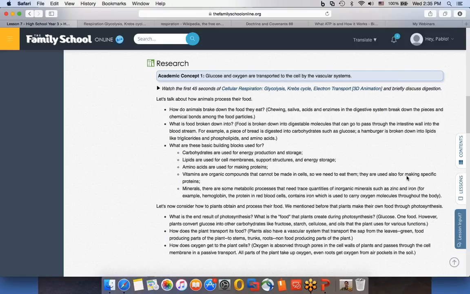Now let's see how about plants. As everyone probably knows, plants make their food through photosynthesis. They use the sun, and they create that into glucose. That's the food that the plants create. They also can convert the glucose into other carbohydrates like starch and cellulose that the plant uses for its various functions.